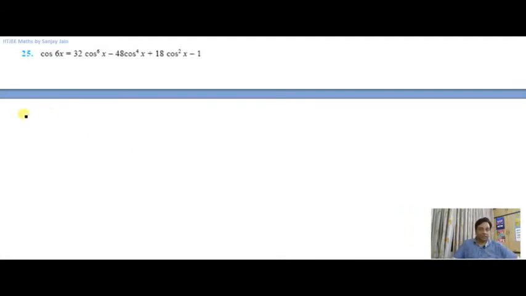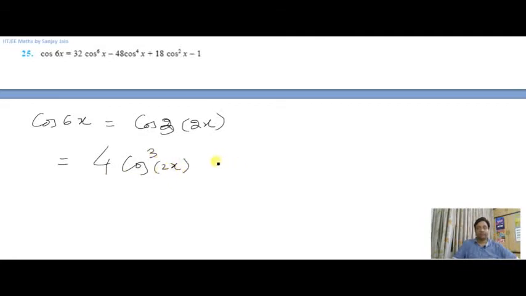Now the last question of this exercise, cos 6x. I can write this as cos thrice of 2x, let us say. So what is this? 4 cos cube x minus 3 cos x. Now let us check.